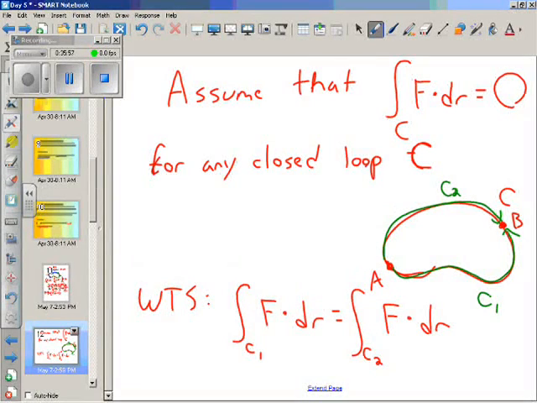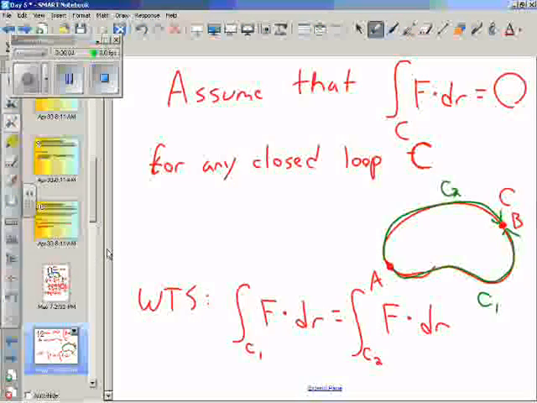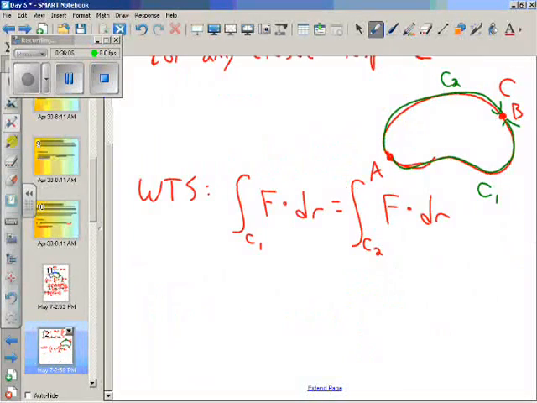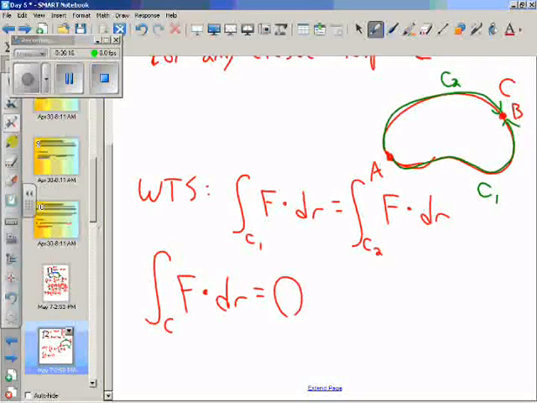So if we can show that this is true in general, then that means that this is going to be path independent. Okay? So how can we show that? Well, what we do know is that the integral along C of f dr equals 0, based on our assumption.